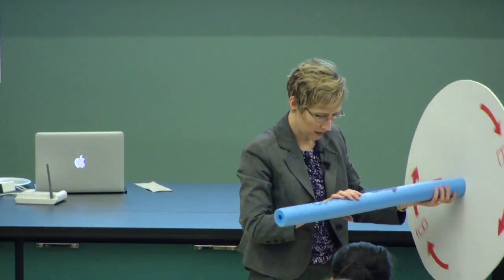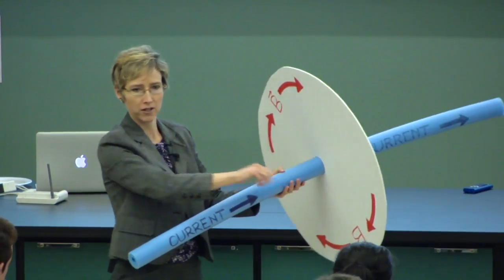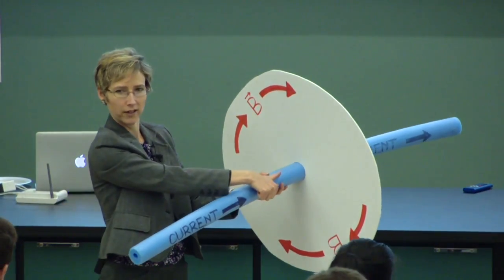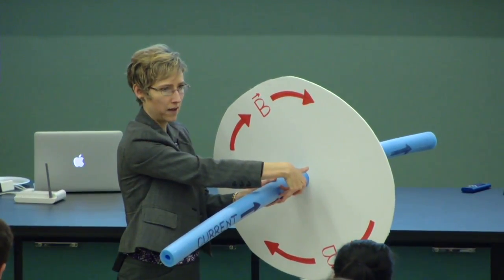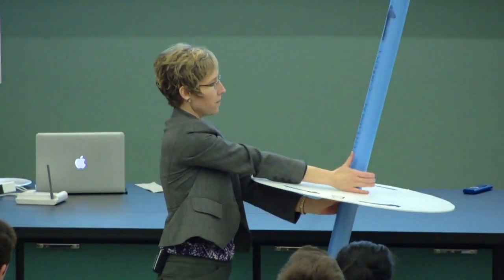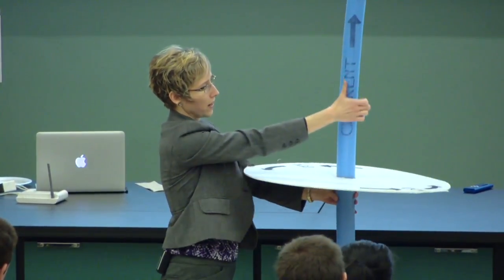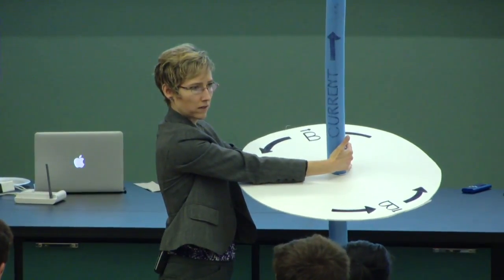Okay? So there is another right-hand rule going on here, which is that if current is going this direction, I can point my thumb along the direction of current, and then my fingers curl in the direction of the magnetic field. Okay? And it works up here too, even though that's the black side. The current is pointing this direction, and I curl my fingers in the direction of the magnetic field. Okay?